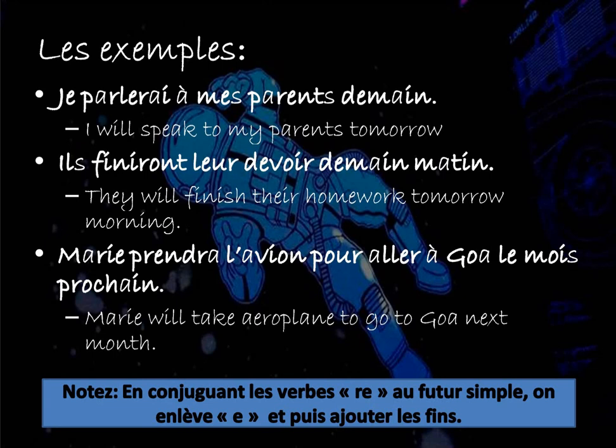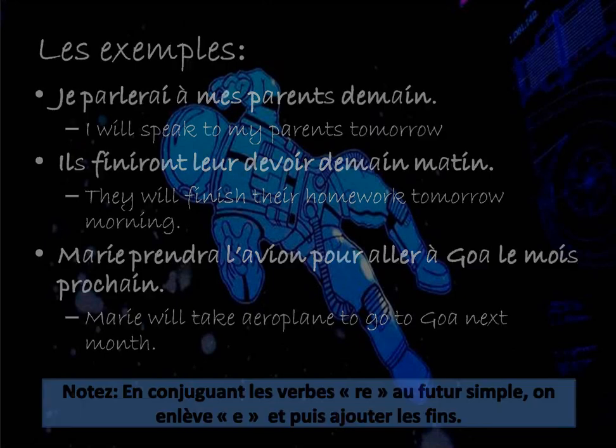Like you can see in the third example, Marie prendra l'avion pour aller à Goa le mois prochain. The infinitive form was prendre, which was actually ending with E. To conjugate this verb, I have removed that E and written the ending as a without E in it.